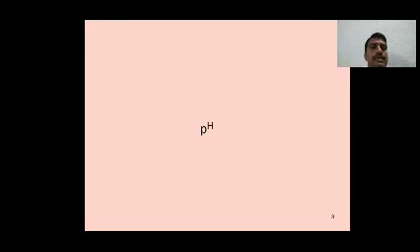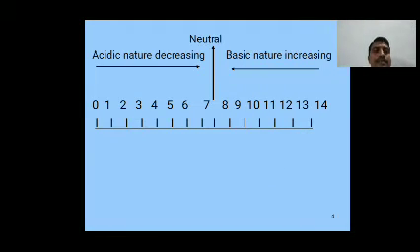The negative logarithm of hydrogen ion concentration is called pH. The pH scale has values from 0 to 14.